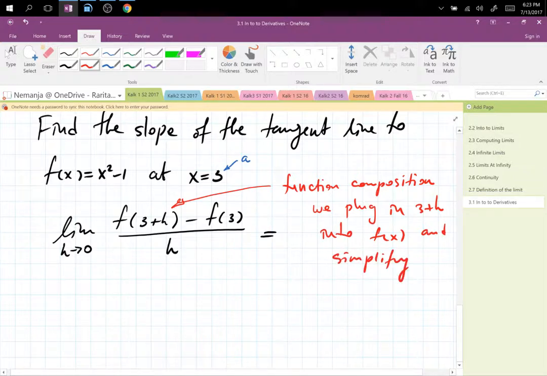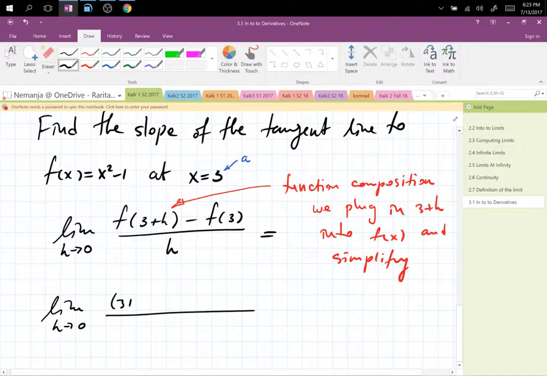So usually that is the part that trips students, and you don't get to solve the problem very well. You all understand f of 3, but then f of 3 plus h, for some reason, freaks you out. So what do we do? We are supposed to plug into our formula 3 plus h.